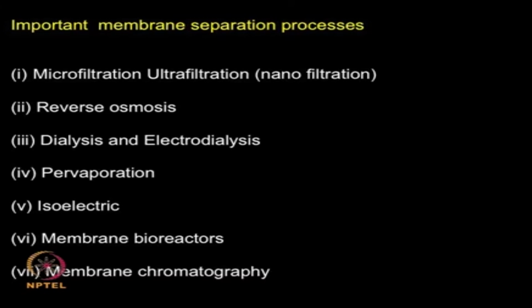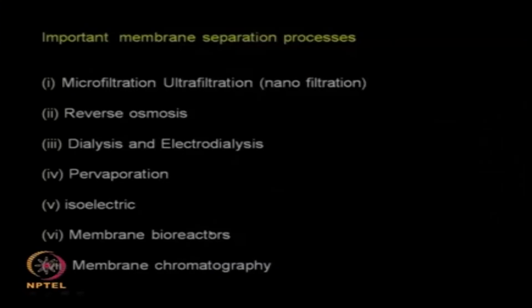Then you can also immobilize your enzyme on your membrane. So you can again get the advantages of the enzyme as well as the advantages of the separation of the metabolite. This is very good if you want to continuously remove a metabolite which could be toxic, which could be inhibiting your biocatalyst or biomass or enzyme. So membrane bioreactors are extremely useful in that area.